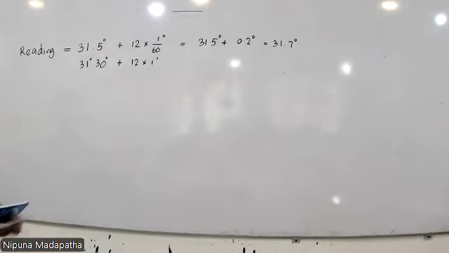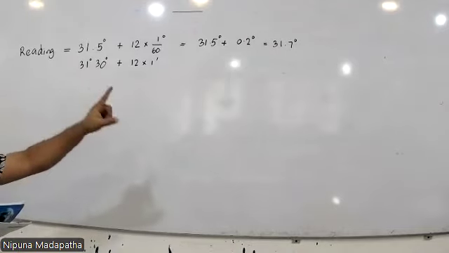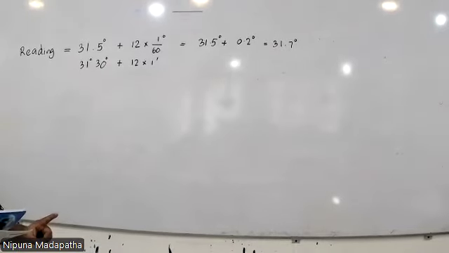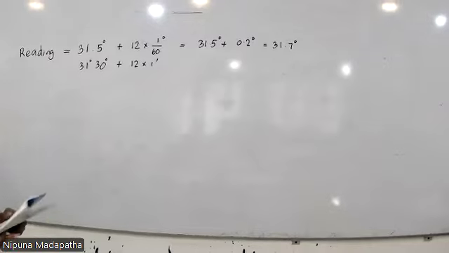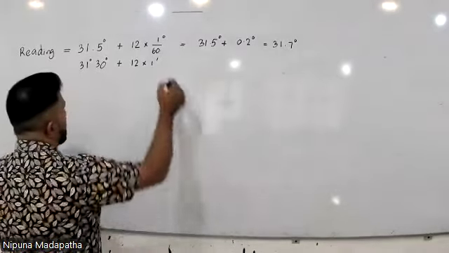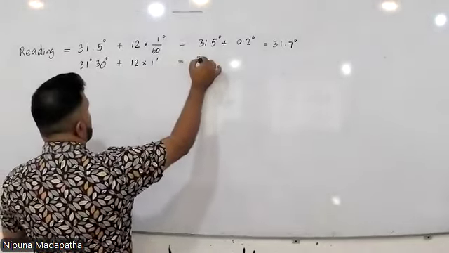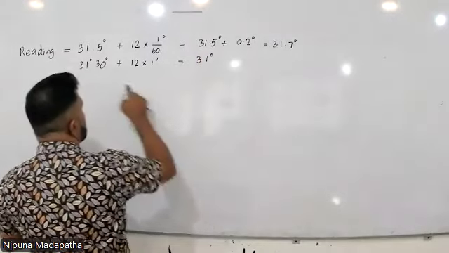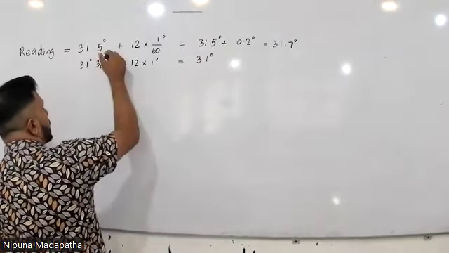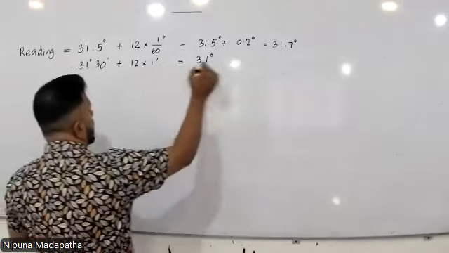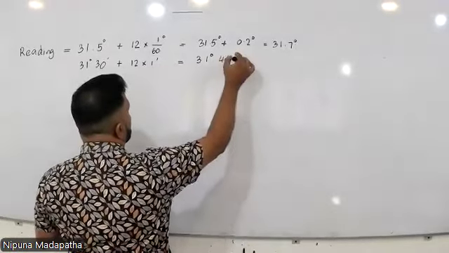If you get the answer in degrees, it should be 31.7. If you get the answer in degrees and minutes, it should be 31 degrees, 30 minutes plus 12 is 42 minutes.